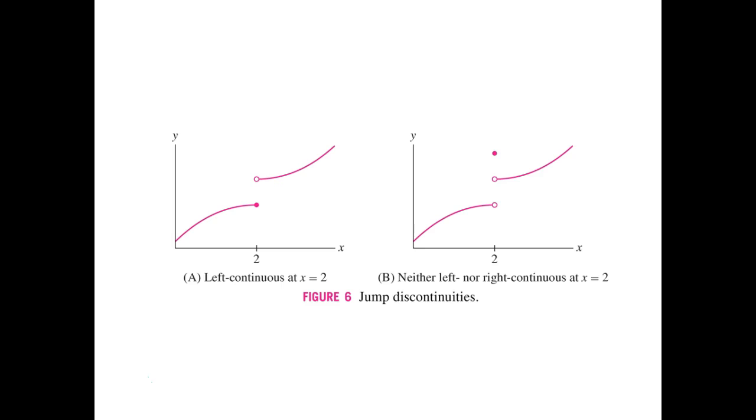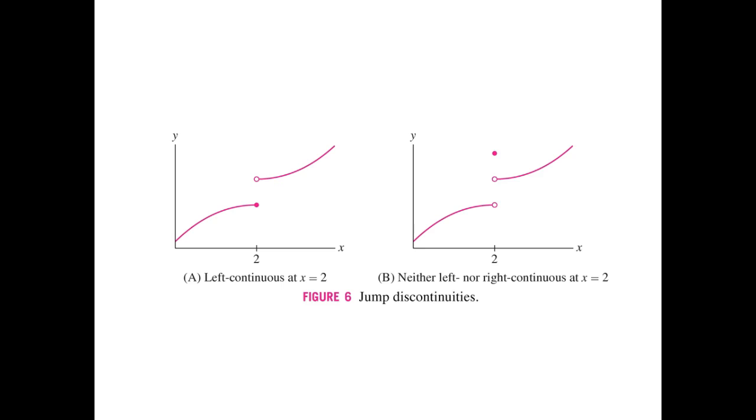Halfway in between is not going to work, because the limit here would still be whatever this value is, and the limit here would be that value. Even if you redefine here, they're still not equal to each other. They can't be. So this is a jump discontinuity. It's left continuous at x equal 2, it's right continuous at x equal 2, but those two are not the same.